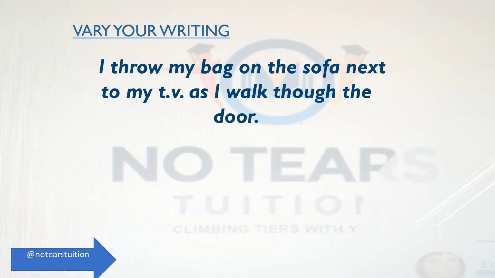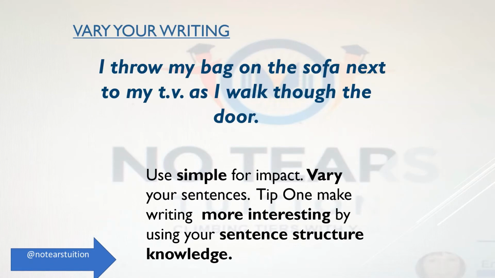Two immediate errors stand out to you. First, TV should be television. You're writing for GCSE. Make sure that you write the full words. And though should be the word through. So I'm going to imagine that that was written correctly as I look at how we vary that sentence.